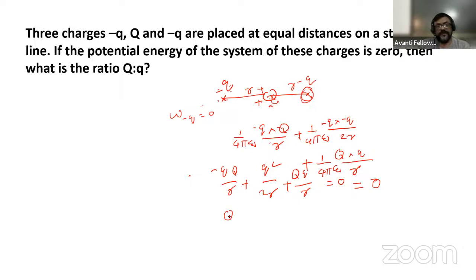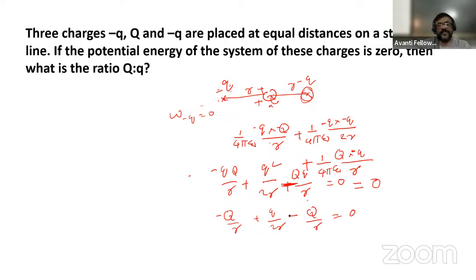So it will be capital Q by R plus Q by 2R. Is it plus? Sorry, I made a mistake. Q into negative Q. Sorry, the sign is negative. This negative also I missed. Negative Q by R is equal to 0.